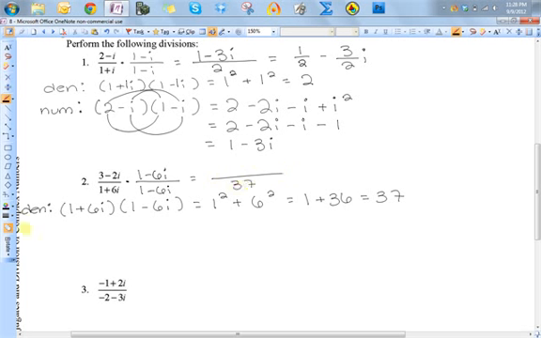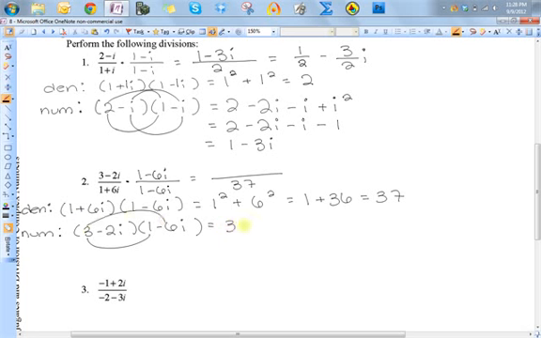Okay, now let's do the numerator. I need to do 1 minus 2i times 1 minus 6i. Now you can't just jump to this formula that we were able to with the denominator. That only works when you're multiplying complex conjugates. Okay, so with this one we're going to have to FOIL. So first is 3.